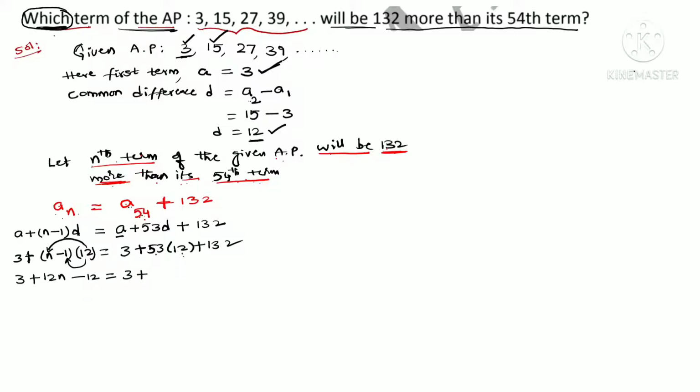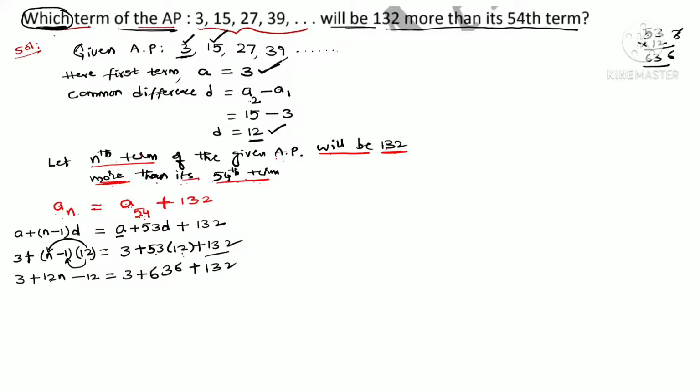53 into 12, rough work. 53 into 12. 12 threes are 36. 12 fives are 60. So 636, plus what is there here, 132.